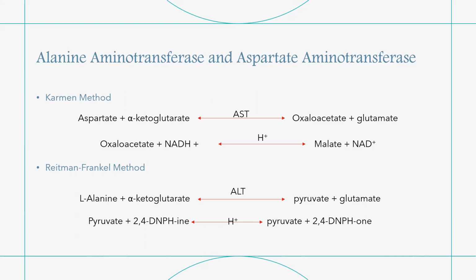Remember, guys, that both of these are classified as aminotransferases. Both of these enzymes catalyze the transfer of the amino group from an alpha amino acid to a keto acid, forming a new amino acid.